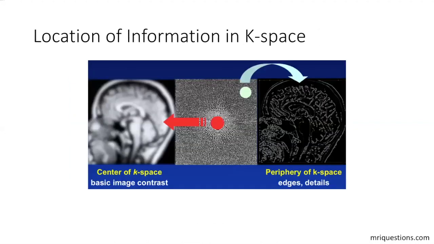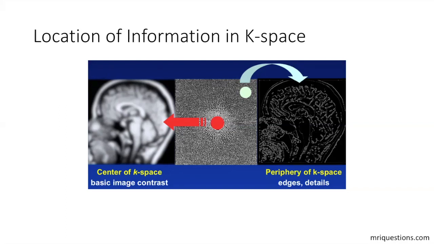Finally, I also want to show that in the center of K-space is our low spatial frequency information. So for example, if you were just to take the K-space that's within the red circle and Fourier transform it, you'll get this blurry view of an image. So it's clearly missing a lot of the high spatial frequency information.